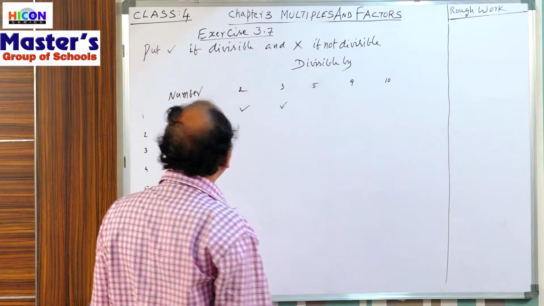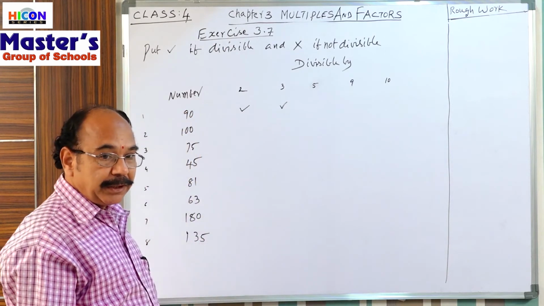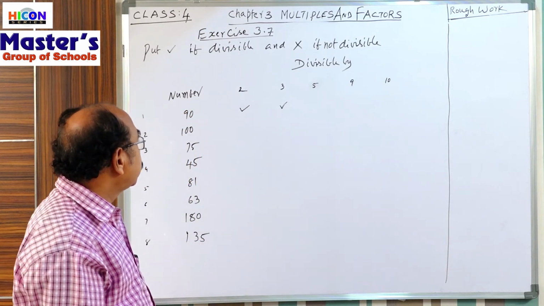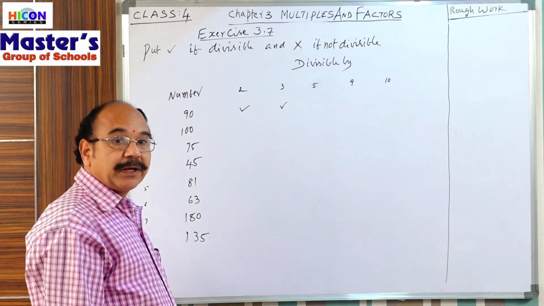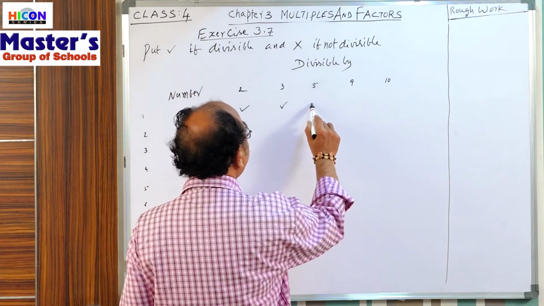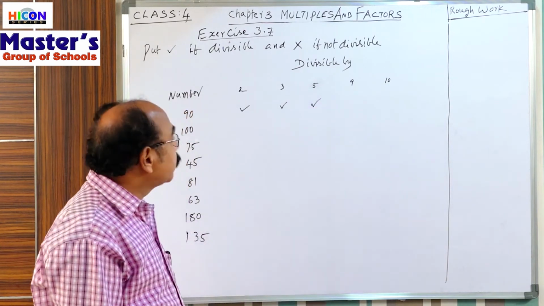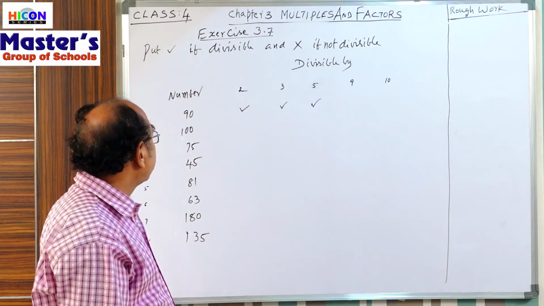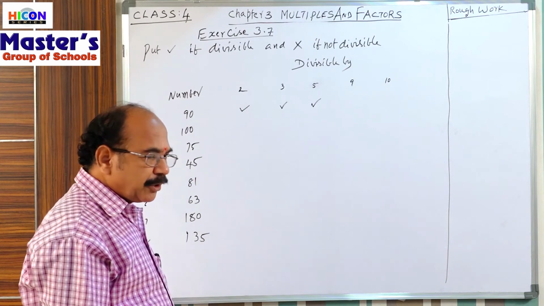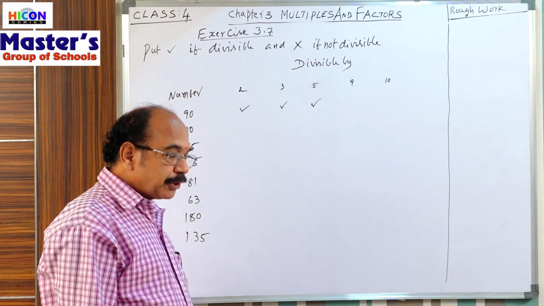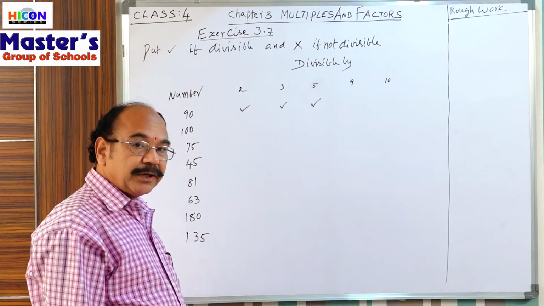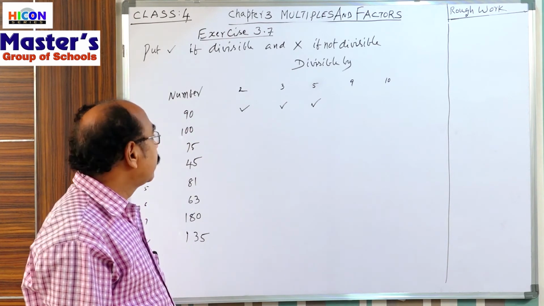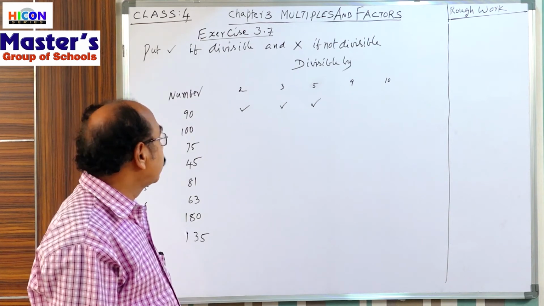Because the sum of the digits is divisible by 3. Is it divisible by 5? Yes. So put a tick mark. What is the reason? If the units digit of a number is either 0 or 5, it is divisible by 5. That's why you put a tick mark.